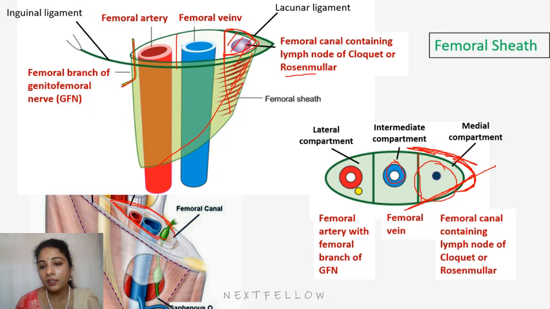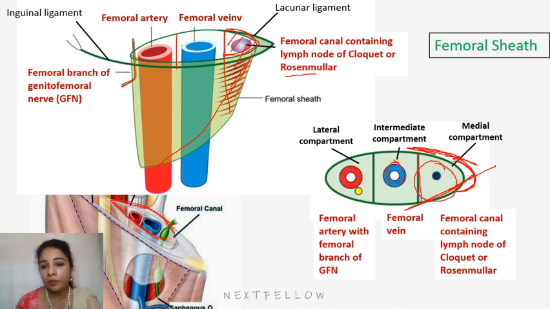Superiorly, just above this ring, it is related to the round ligament of the uterus and the spermatic cord, which lie within the inguinal canal, and anterolaterally it is also related to the inferior epigastric vessels.